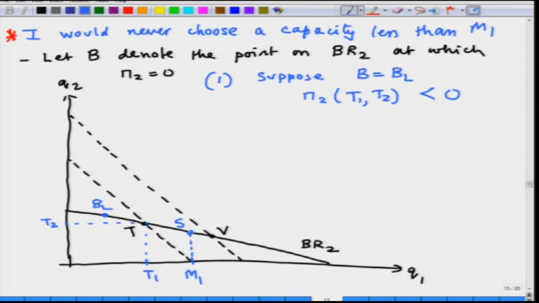It turns out that suppose the fixed cost or the market conditions are such that firm 2's profit at BL is strictly less than 0, and more importantly, pi 2 at its most favorable Nash equilibrium for firm 2 is less than 0. This corresponds to the case of what is called blockaded entry.